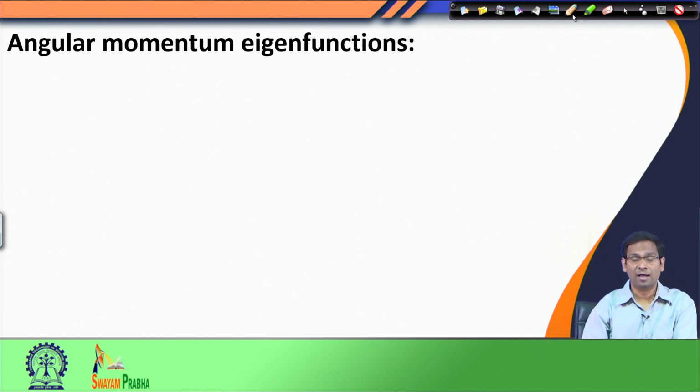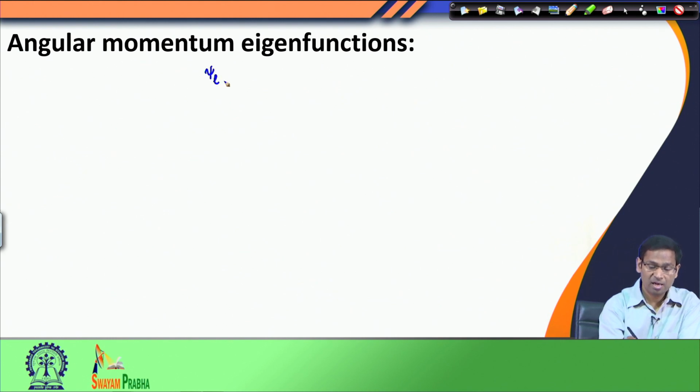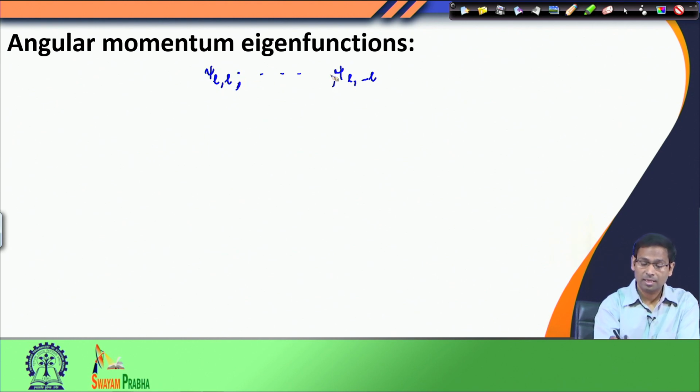So, if the angular momentum L of a particular system is defined, then I have 2L plus 1 eigenfunctions, which are psi L L to psi L minus L. So, for a given value of L, I have psi L L till psi L minus L in steps of 1, where the second index would increase or decrease by 1 unit.